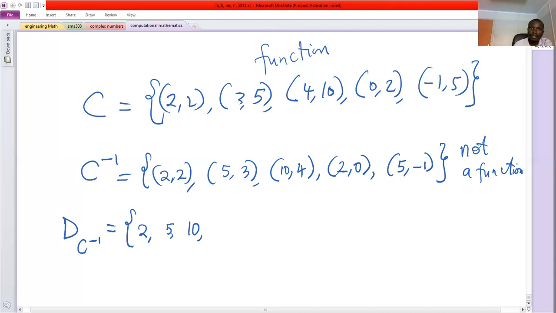We have already listed 2 and we have already listed 5. And the range of the inverse relation will be given by 2, 3, 4, 0, and negative 1. So that's how we solve that.